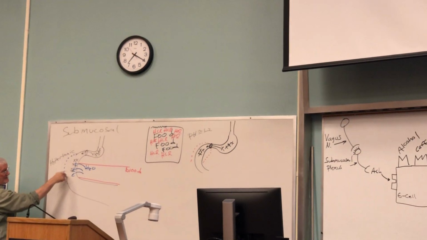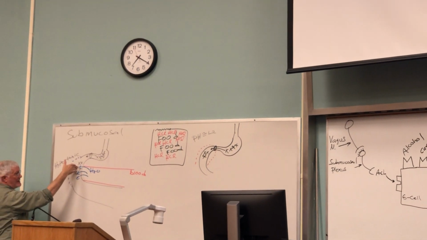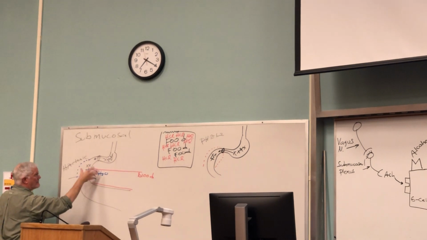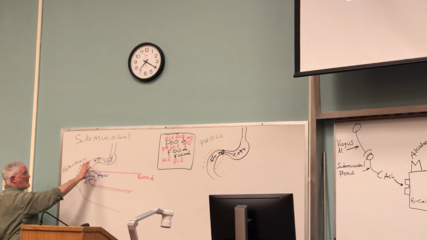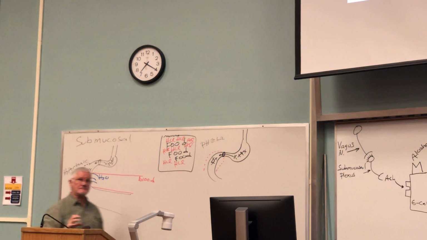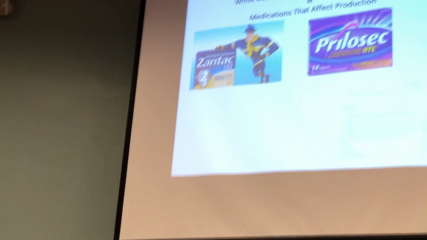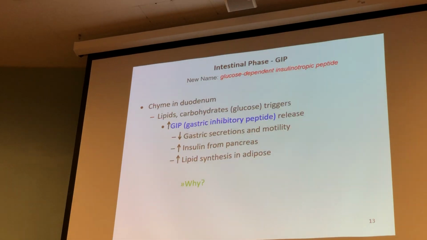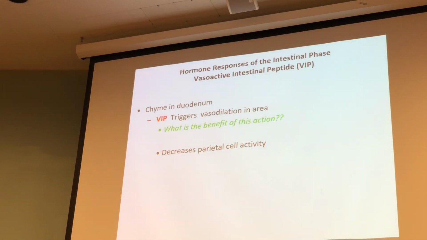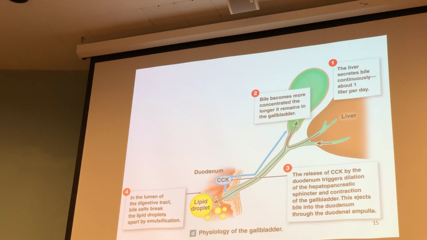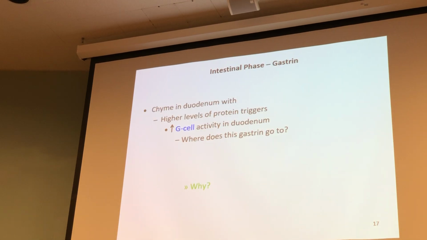And these cells are going to be monitoring what's in the chyme and releasing the hormones that are necessary based upon what we find in that chyme. So if you want to begin memorizing all these different hormones, the VIP, the GIP, the CCK, what they do, you can get a head start for Wednesday. We're going to walk through each and every one of them one at a time.